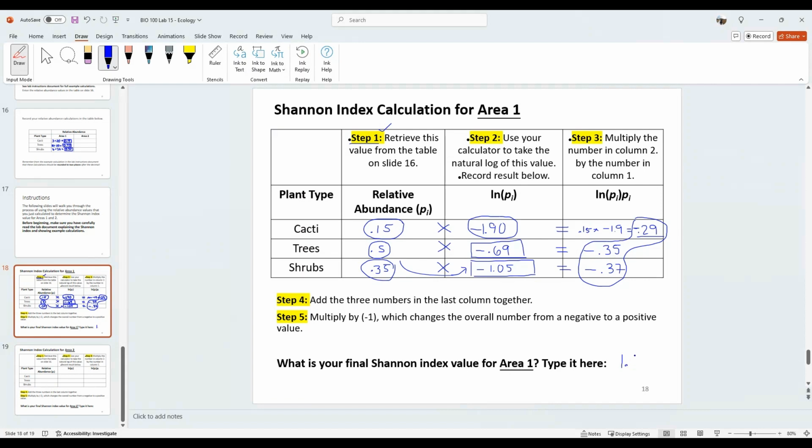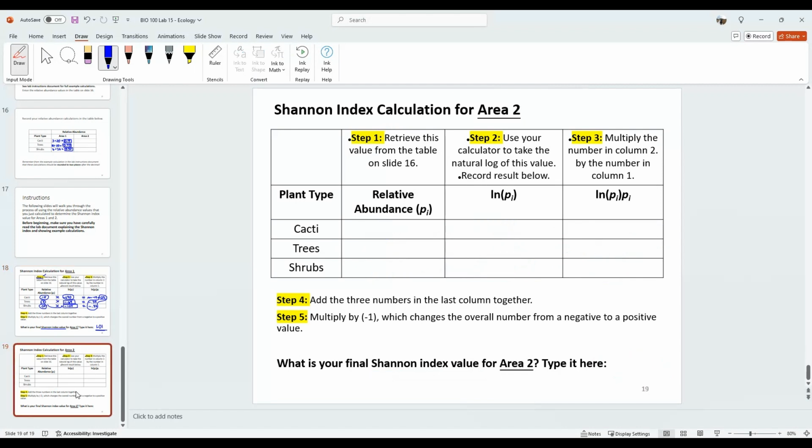So our total number is 1.01. So now you have your Shannon index value. This is the number that ecologists use to determine biodiversity. And now you've done it for area 1. You would do the same thing for area 2 on the following slide.